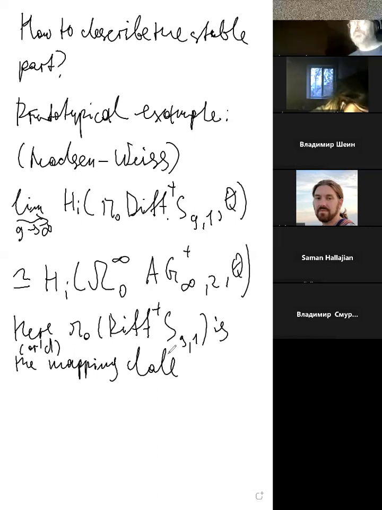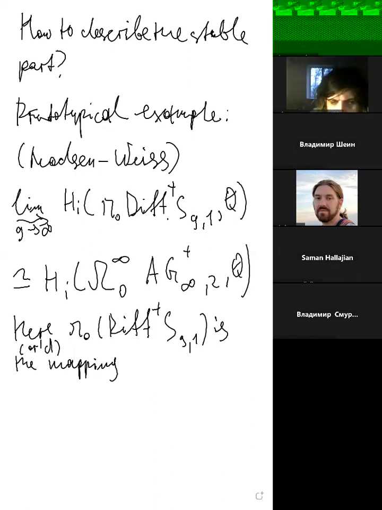Well, the first ingredient is probably self-explanatory. The pi naught of the diffeomorphism group is the mapping class group, but still.